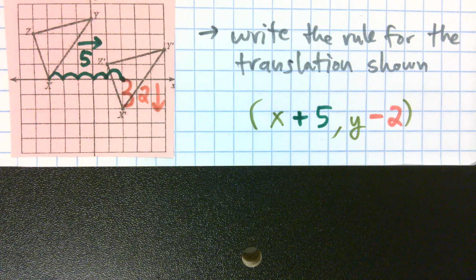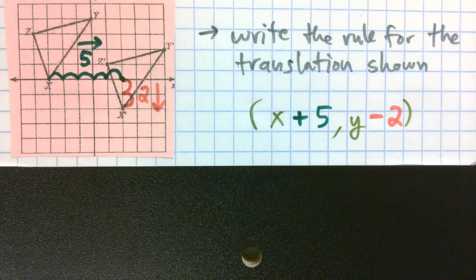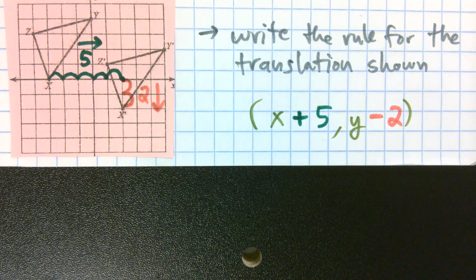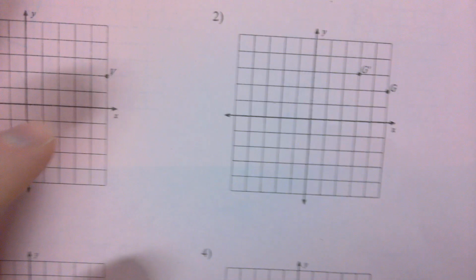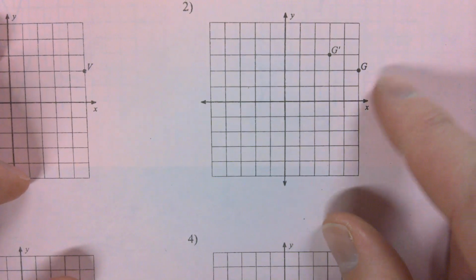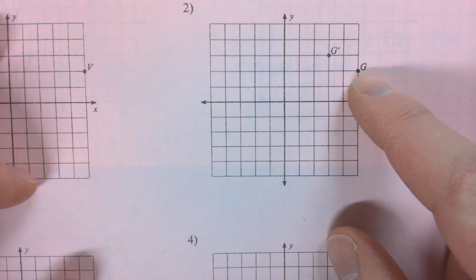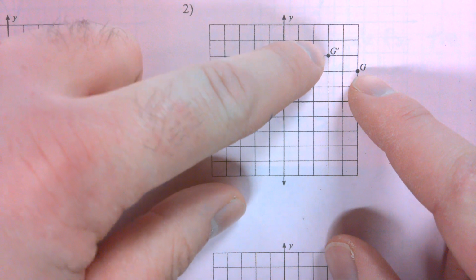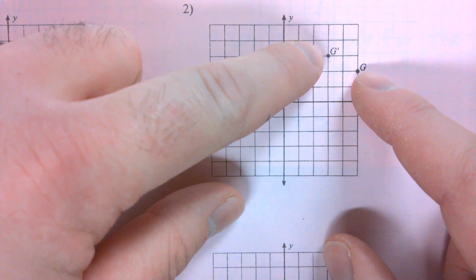Okay. Hopefully that's making some sense. I know it's kind of hard to see on the worksheet, but you got to make sure you know that we start at the regular letter, we end at the prime letter.